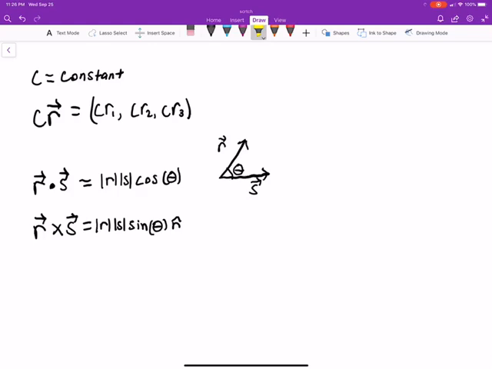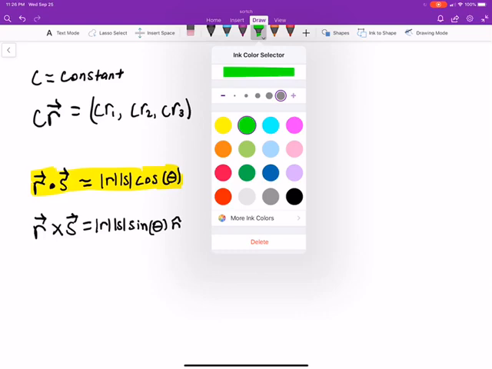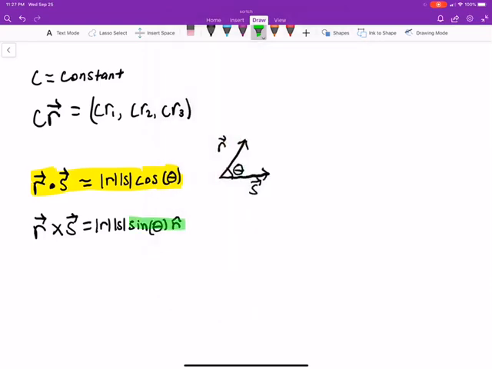Let's note that our dot product, what I just highlighted in yellow, spits out a scalar, not a vector. The cross product, I'll highlight that in green, does not spit out a scalar. That spits out another vector. And this n hat, this unit vector, is kind of what gives us our vector back.